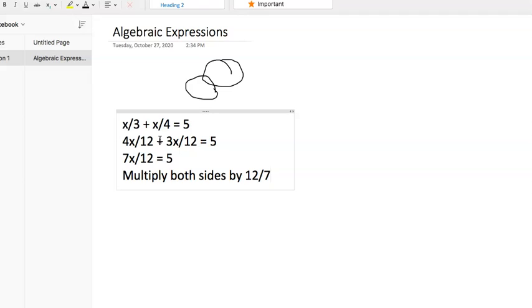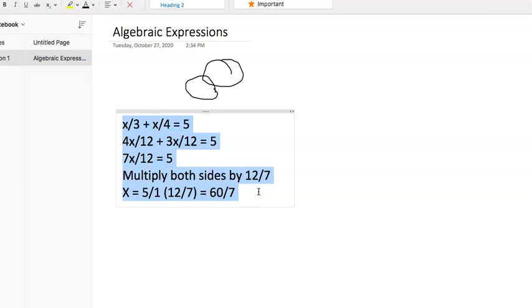So this will say x equals 5 over 1 times 12 over 7 equals 60 over 7. That would be our final answer. Okay, so that's how we do that one.